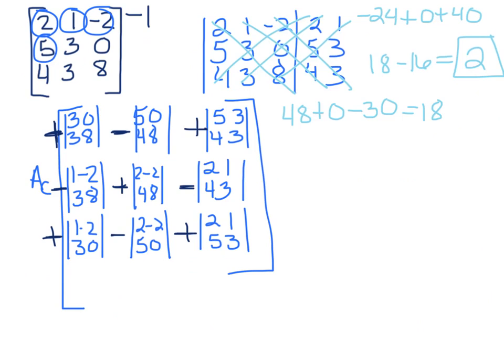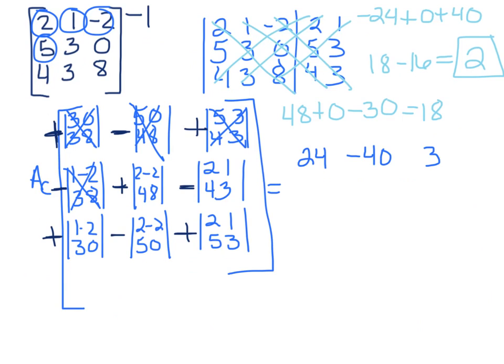All right, so when we do that, we have to do the criss-cross minus 9 times. We get 24 minus 0 is 24. And then we have 40 minus 0 is 40, but there's a minus in front of it, so negative 40. We have 15 minus 12 is 3.